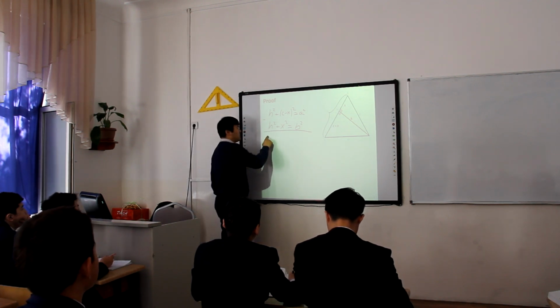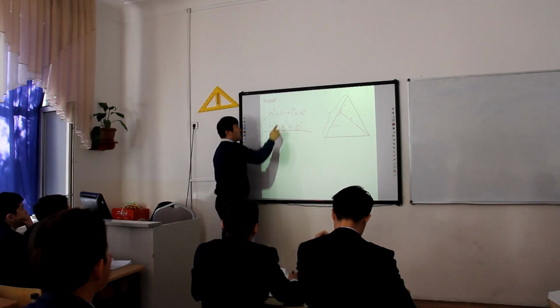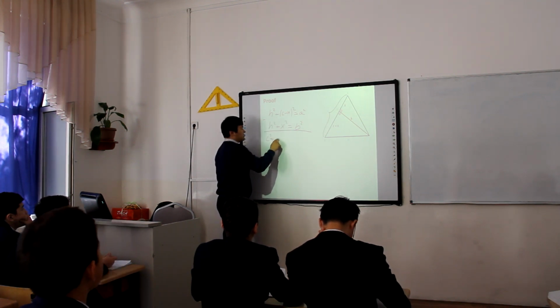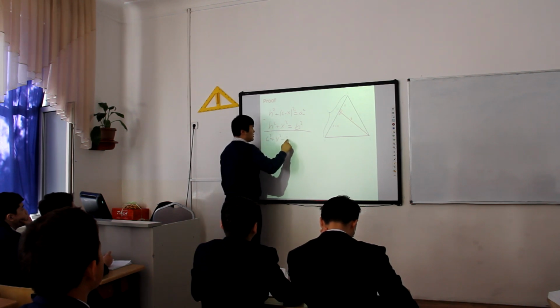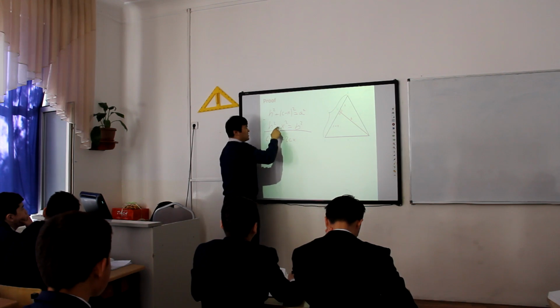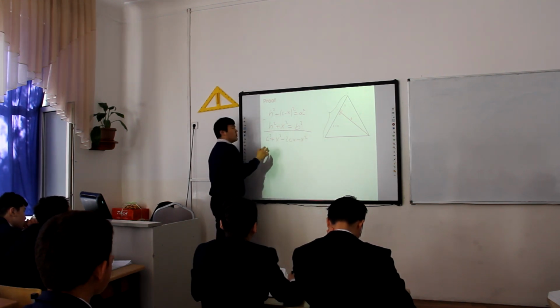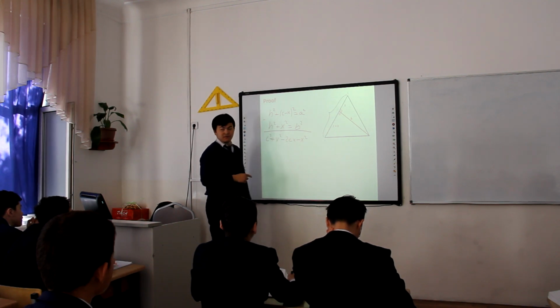Now c squared minus, we open the brackets: c squared minus (c squared minus 2cx plus x squared), minus x squared. We already cancelled this h squared.